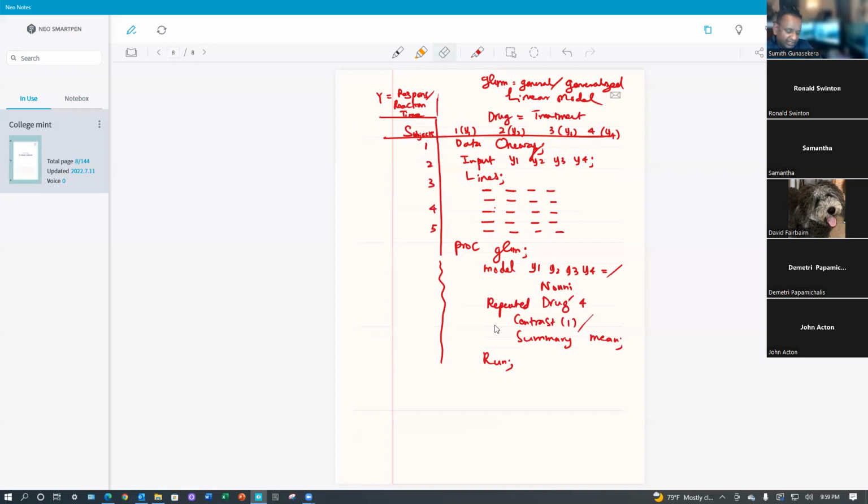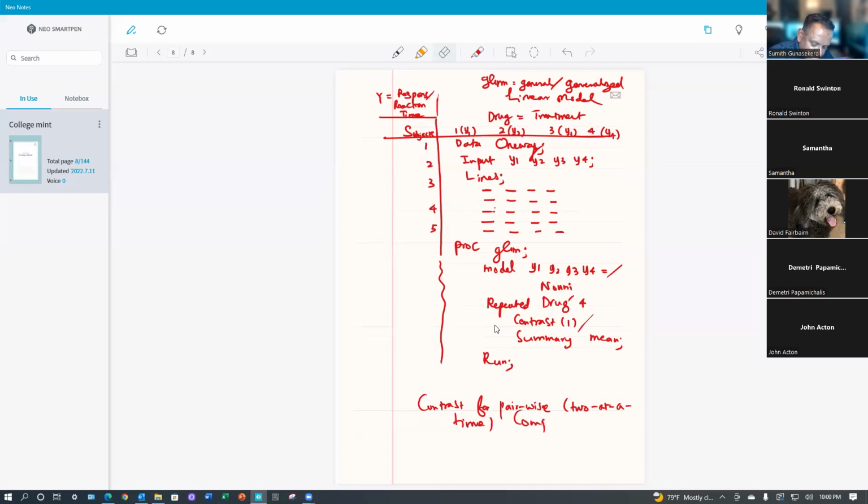Contrast here means pairwise comparison, 2 at a time.